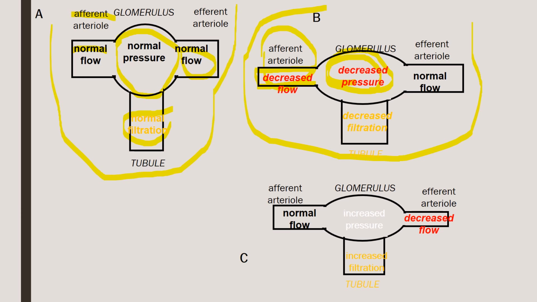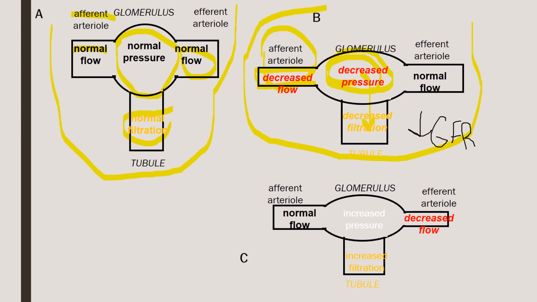Ultimately, since we have a decrease in flow going from the afferent arteriole to the glomerulus, this is also going to decrease the GFR, the glomerular filtration rate, because of the decrease in blood flow. So here we have a decrease in GFR. Okay, so this would be an example where we have sympathetic innervation that is causing that vasoconstriction.